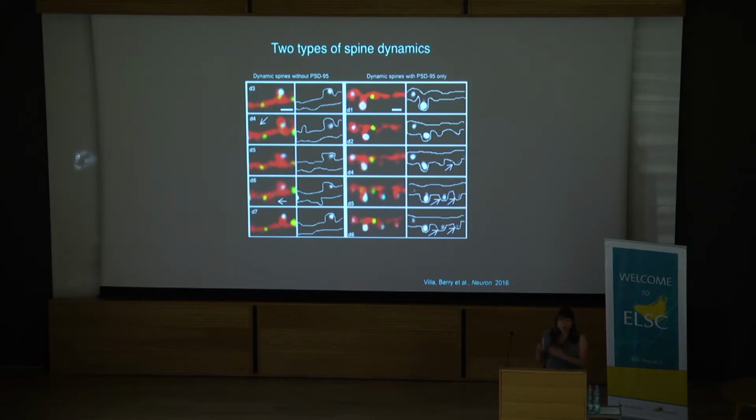While the ones with PSD95 are reflecting changes to the circuit, and their addition and loss reflect a kind of long-term reorganization. But most of the changes are actually of this type and not of this type.